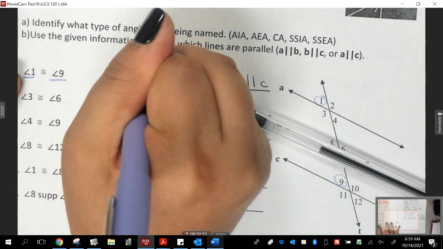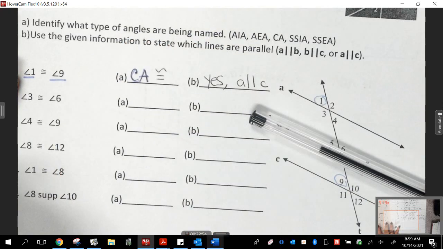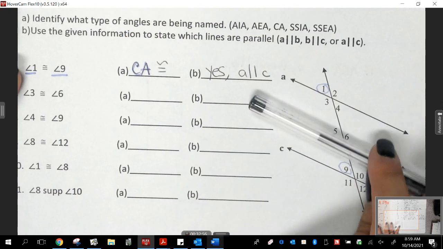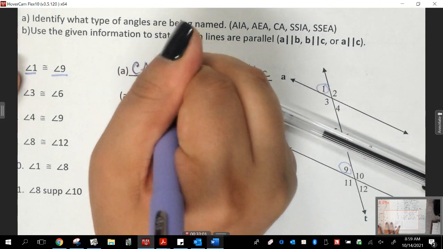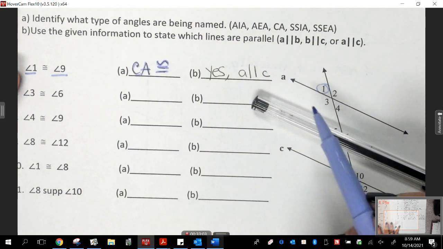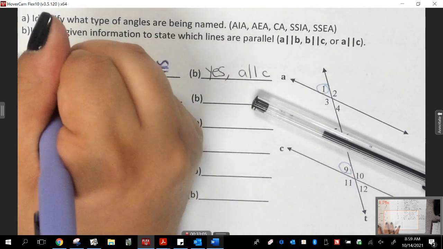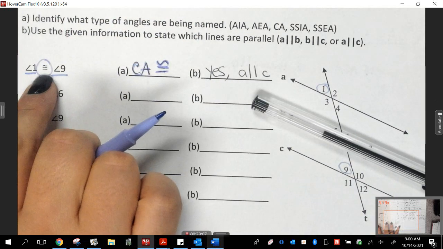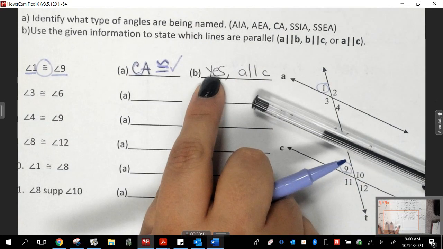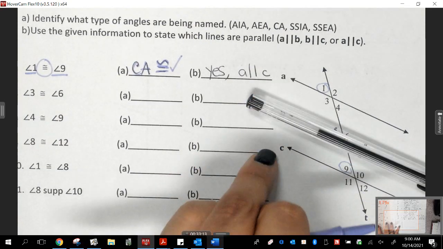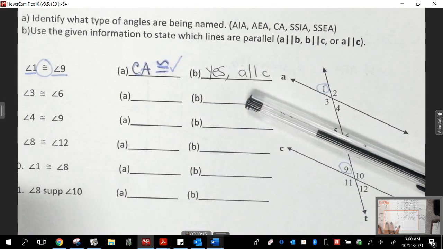Yes. If you can do your work. Are CA congruent or supplementary? Congruent. So are they congruent? Does it say congruent right here? Yes. So that's a check. Yes, they're parallel. What letters are parallel? A, C. That's all you do on the back.